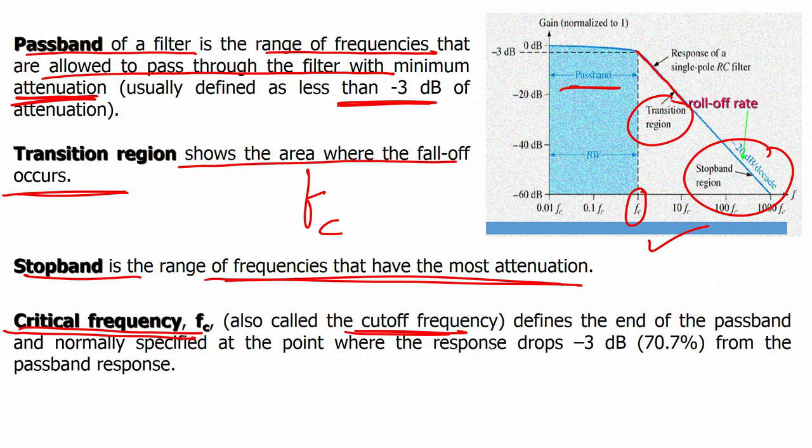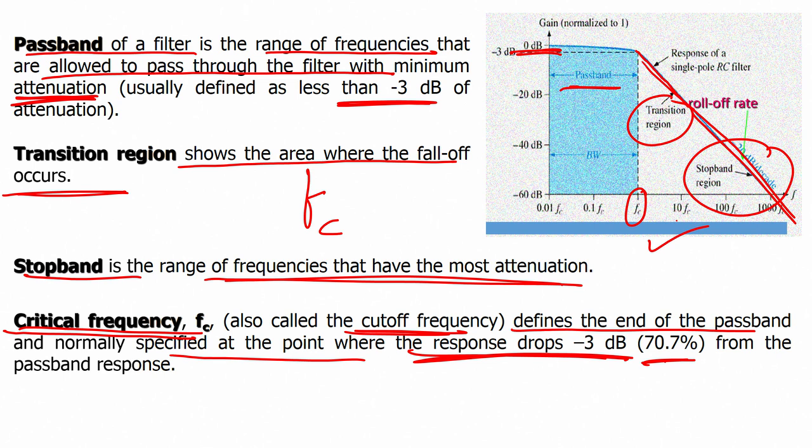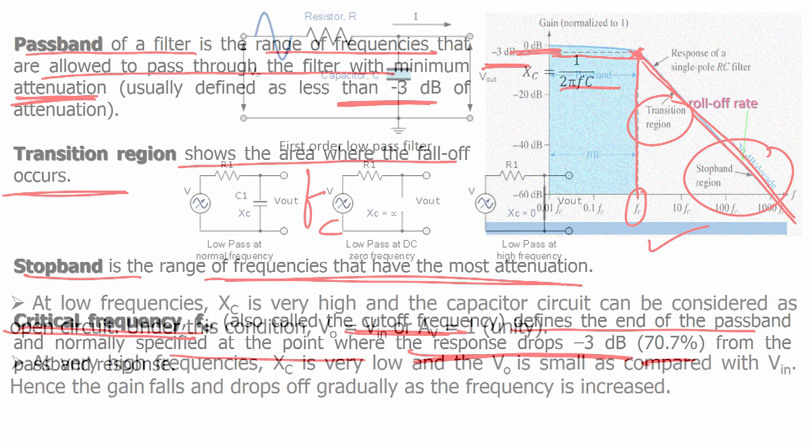So, the critical frequency defines the end of the pass band and is normally specified at the point where the response drops to minus 3 dB, or 70.7% of the pass band response. The critical frequency is nothing but the end of the pass band here, and it is 70.7% of the pass band response, or we can say minus 3 dB. So, these are the regions within a filter.